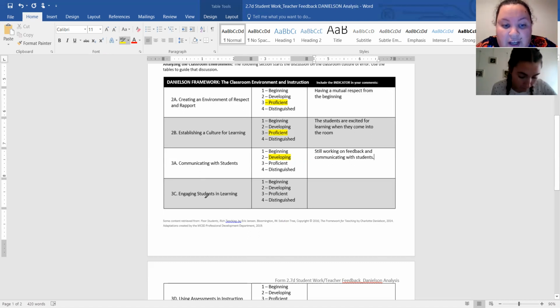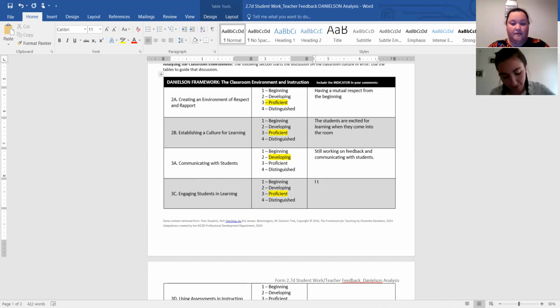Which one did you say for engaging students in learning? Proficient, because I try to keep things within their interest so that they stay involved in it, and they want to be there, just for them to stay active and interested in what they're doing.